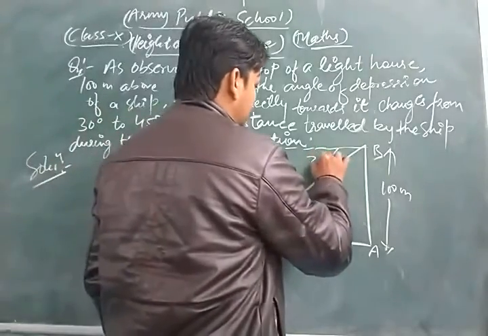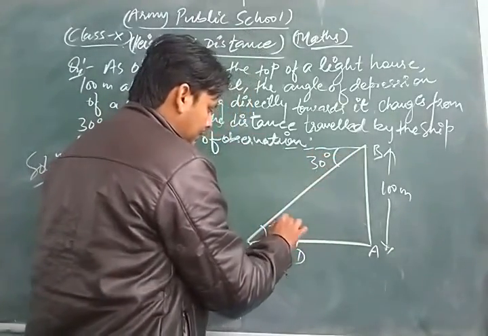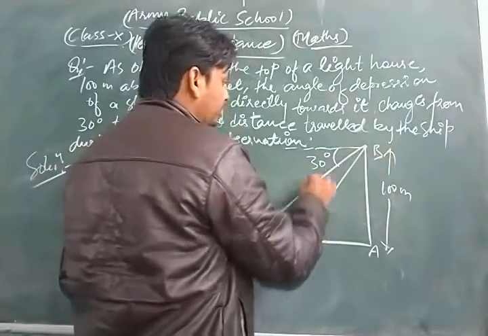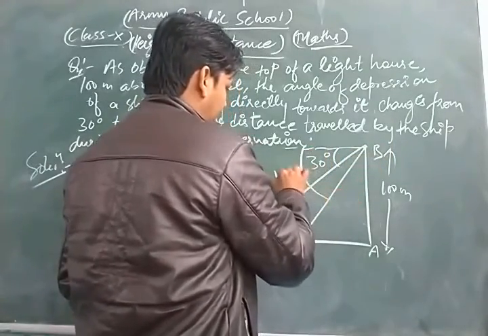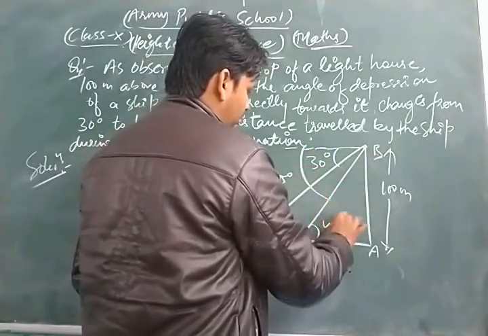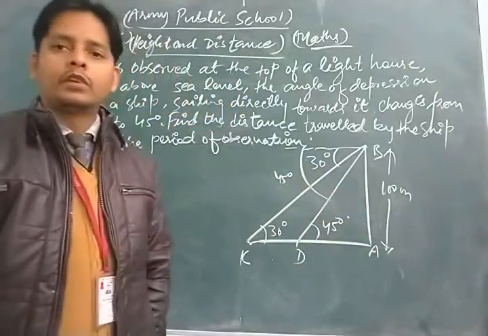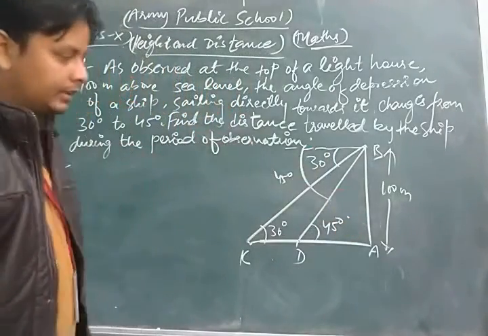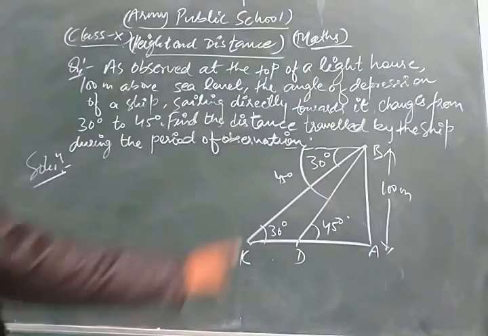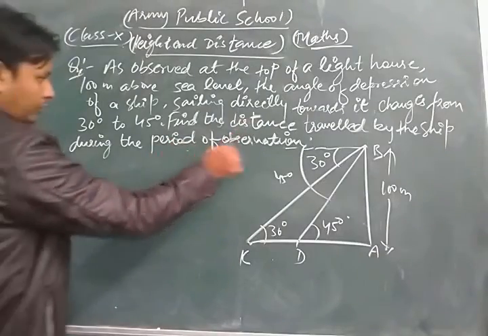From C, this angle is 30, so this angle is also equal to 30, and from D, this angle is 45, so this is also equal to 45 degree. And we find the distance covered by the ship during the period of observation.